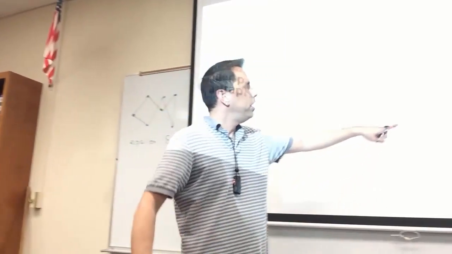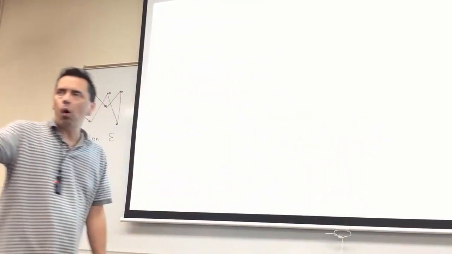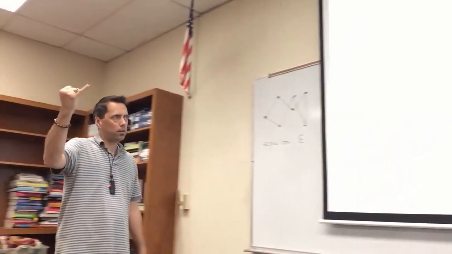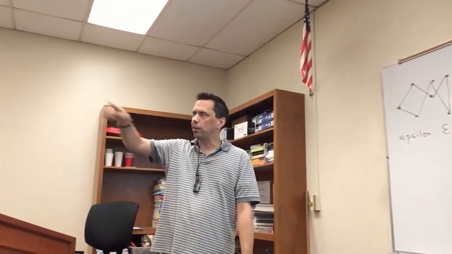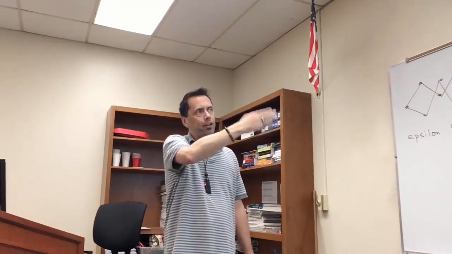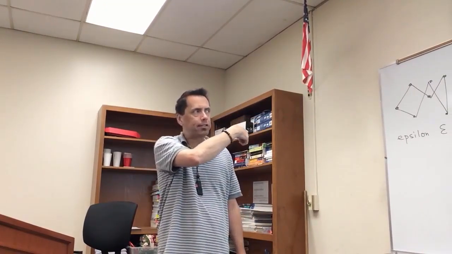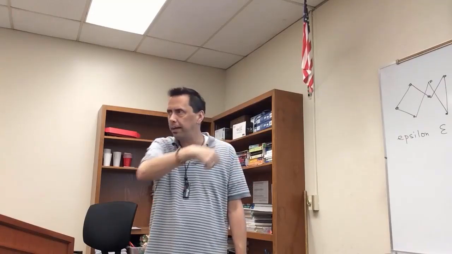Now, if you're happy to have just an Euler path, starting and ending at different points, your initial vertex is going to get 1 when you start, and then it might get visited multiple times. Each time it gets a 2, but it's not going to end there. So it's going to have a bunch of 2s and that 1 from the beginning. So that vertex is going to have odd degree.